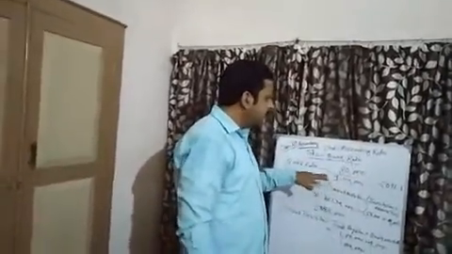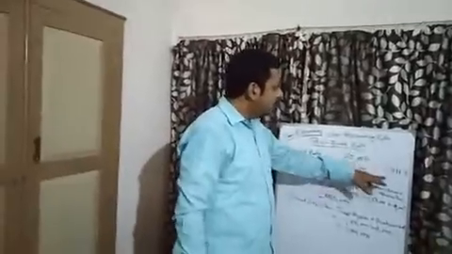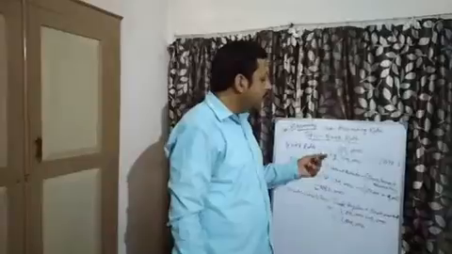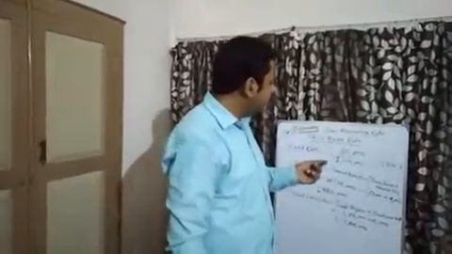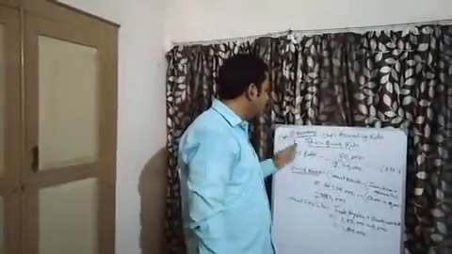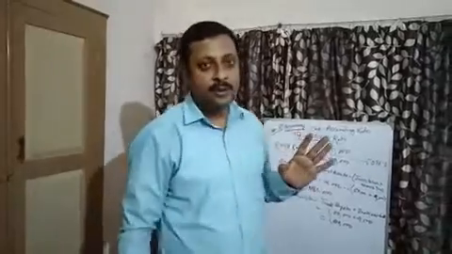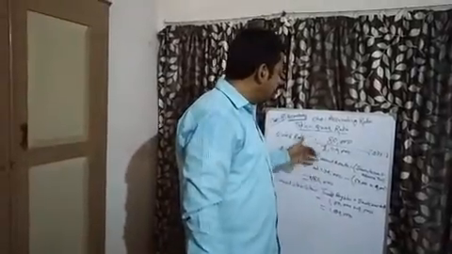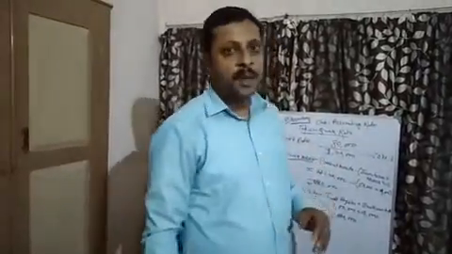In this case the position is not good, because it is less than 1, 0.77, so for 1 rupee of liability there is not 1 rupee of quick asset in your organization. So we can say the organization is not in a very favorable position, it is not going well.